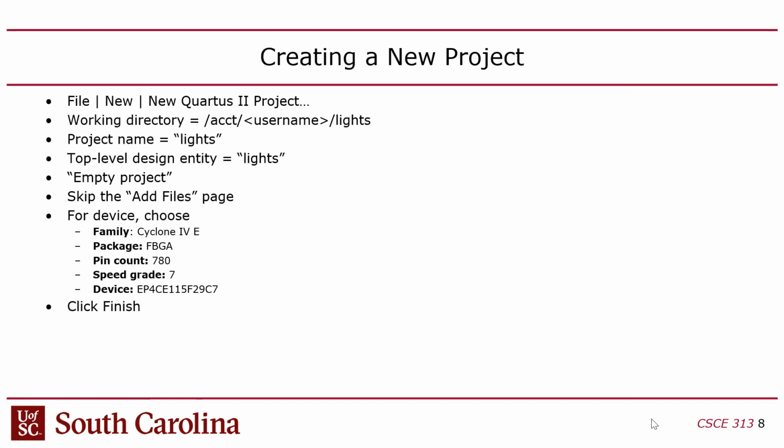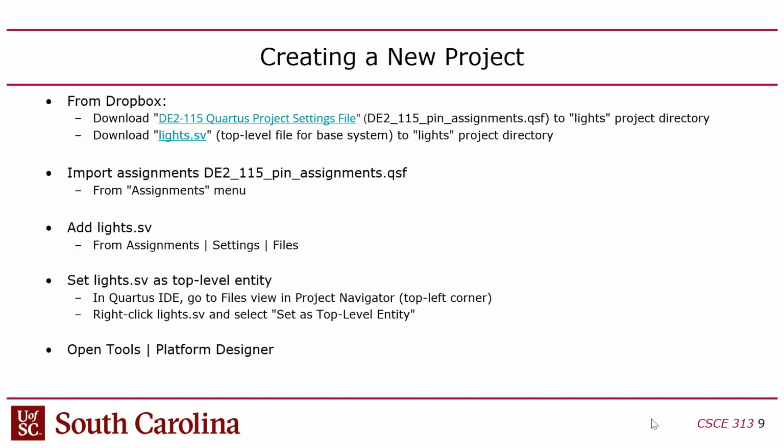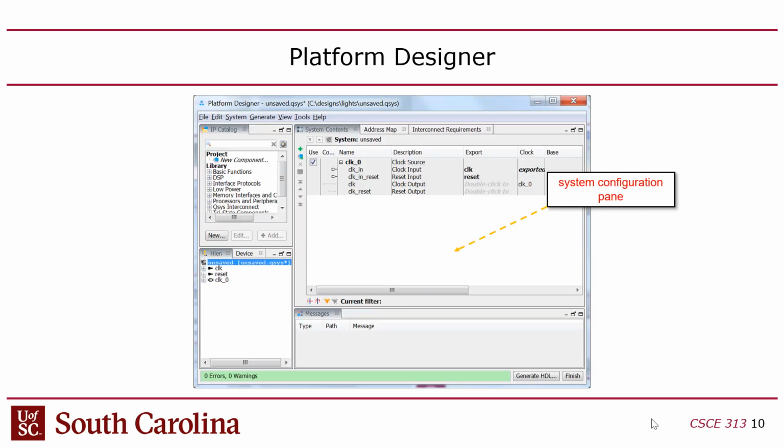So we're going to start off with just building a new project like we did in 313. I'm going to run through this pretty fast. We could just call it lights, and then you open up your platform designer and you add components. You all remember this?